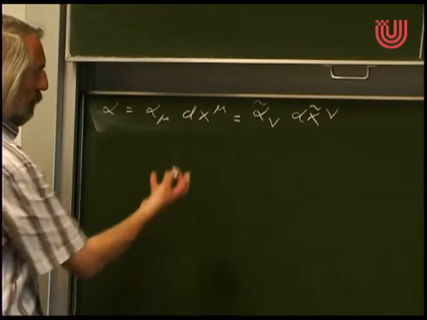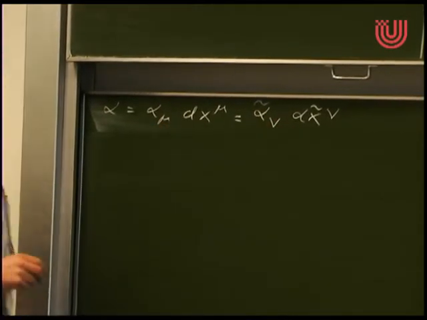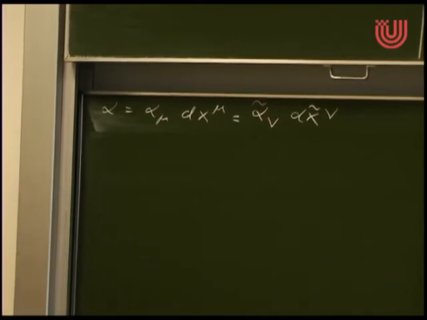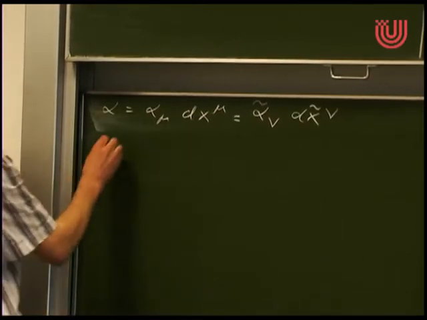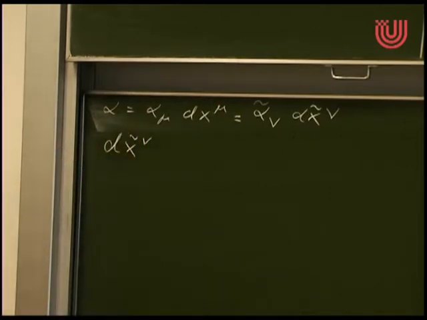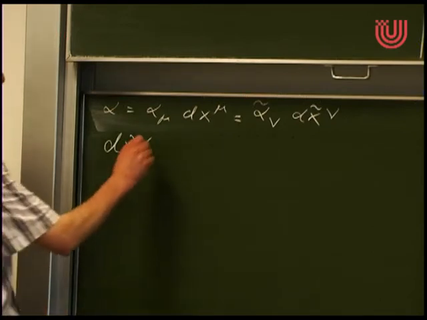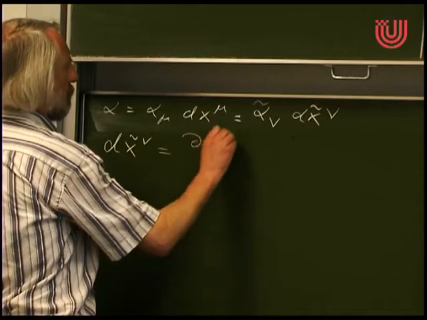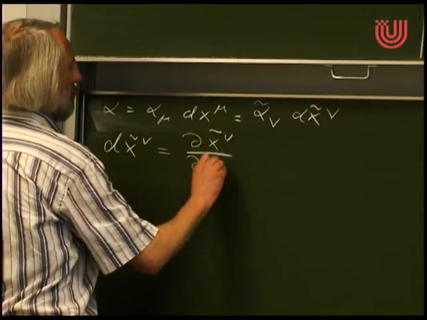Of course we need to know how the basis covectors are related to each other, but that's obvious. The d is defined just as a usual derivation, by applying a derivative operator, and this derivative operator satisfies the usual chain rule and product rule. So we can just calculate this with the chain rule.